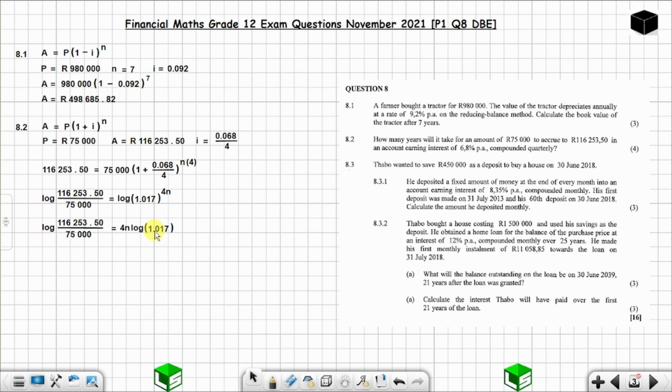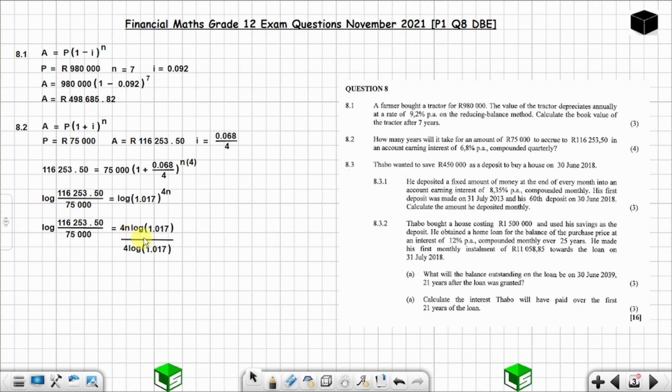Okay, let's carry on. Now we need to solve for n. I'm going to need to divide by 4 log of this so that I can have n on its own. I'm going to divide by 4 log of this on both sides, so that 4 and 4 can cancel, and log of this can also cancel, and I'm going to be left with n alone.